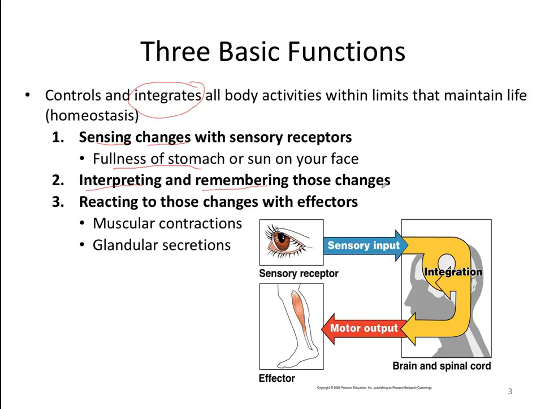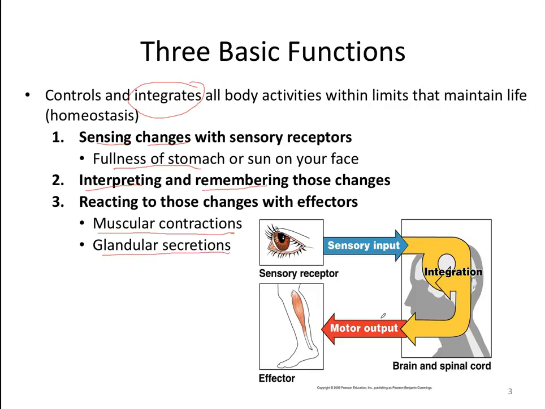So applying higher cognition and putting that processed information in the appropriate context is the way that we respond to changes. And finally, you react to the change in some way with an effector. So an effector is any structure or organ that responds to the change, typically to oppose it, because again, most of our feedback loops are negative ones. So these are often in the form of muscular contractions or glandular secretions.